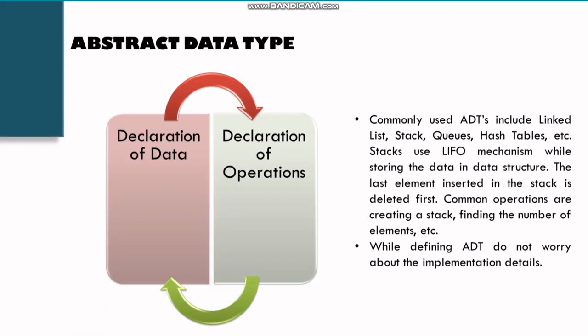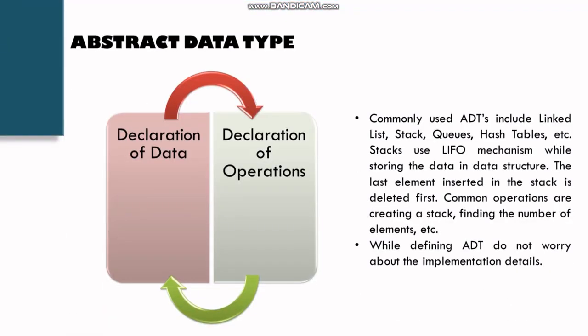Now, let's look at the abstract data type in a more elaborate way. The abstract data type comprises two parts: the declaration of the data and the declaration of operations. The commonly used ADTs include the linked list, stack, and queues. For example, stacks use the LIFO mechanism, that is, last in first out, while storing the data.